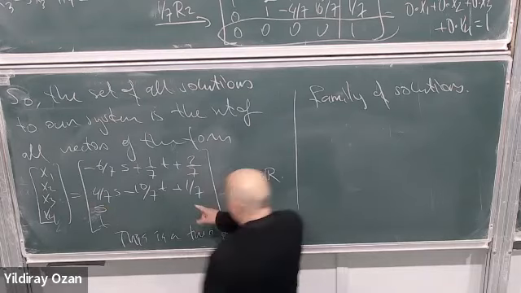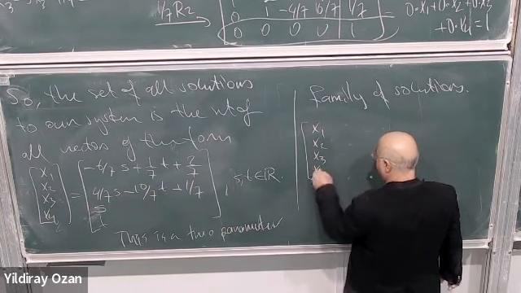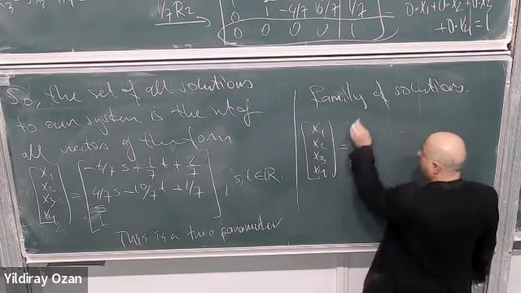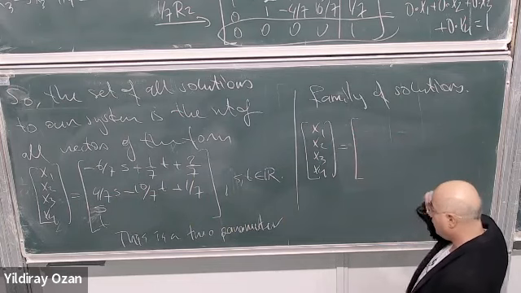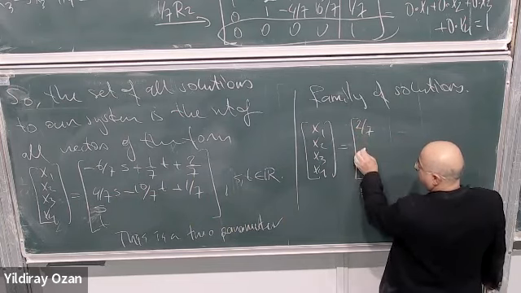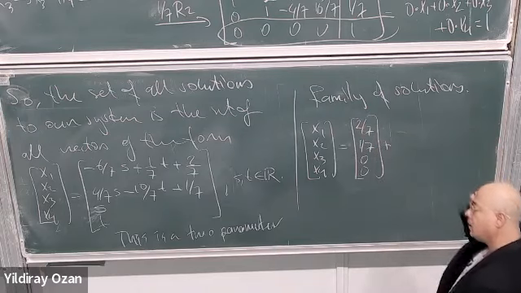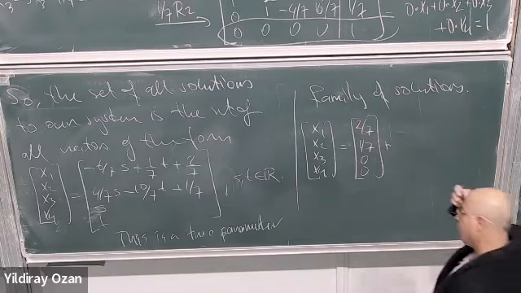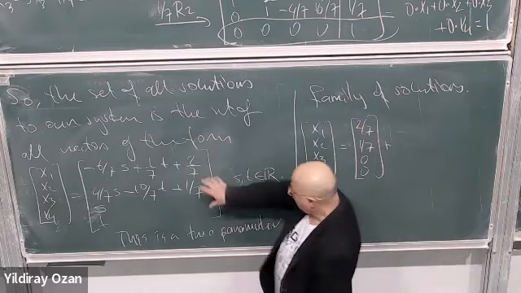Note that I can write this solution also in this form. You see, this is just 2/7, 1/7, and then 0, 0, plus, so these are the terms which do not have any parameter in them, right?